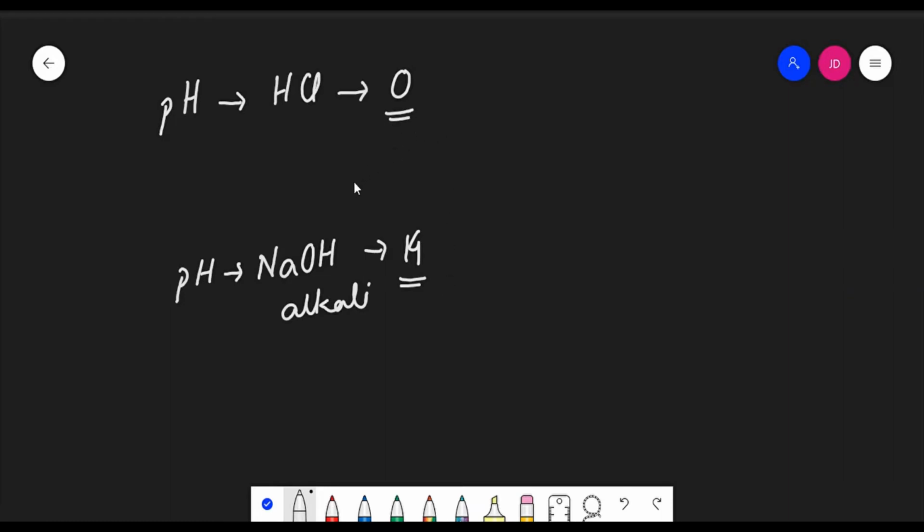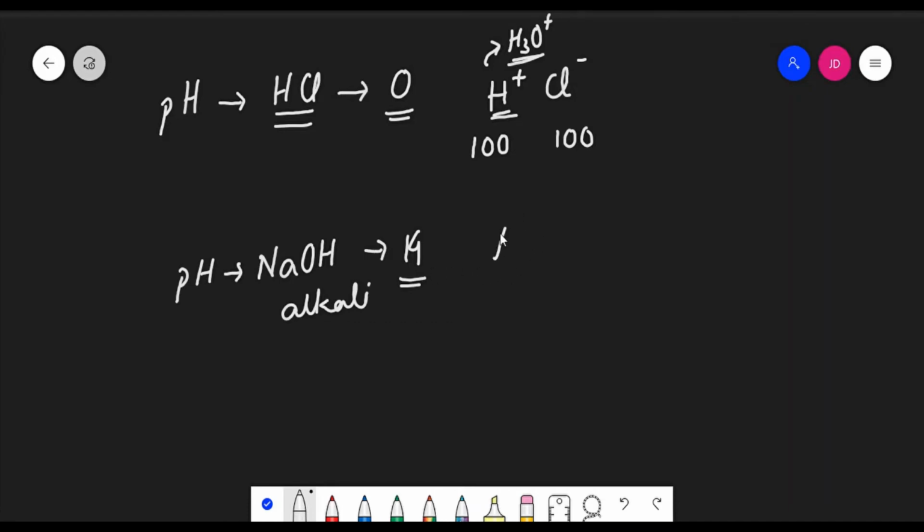So let us compare something. Here we know when I dissolve this HCl in water, it will give us lots of H plus and lots of Cl minus. Let us say this gave us 100 H plus and 100 Cl minus. And we already learned that actually it's not H plus; it will react with water to form H3O plus. So when I say H plus, what I mean is the hydronium ion H3O plus.